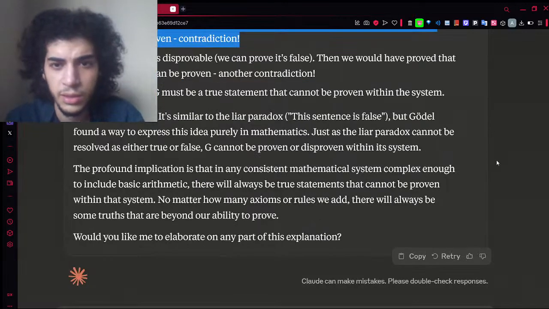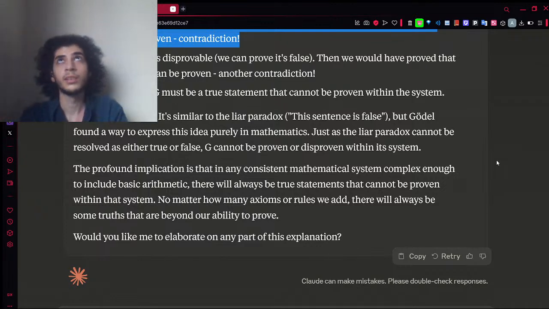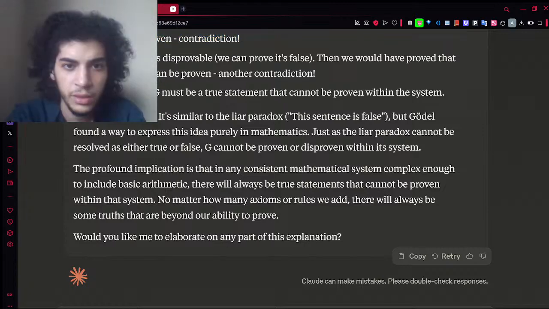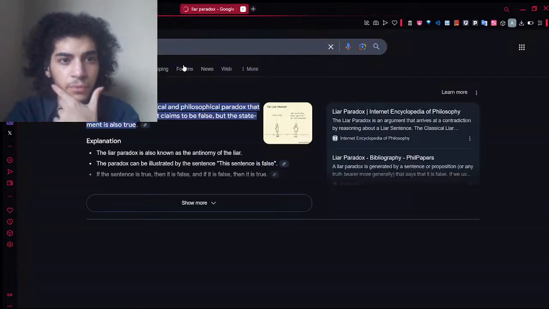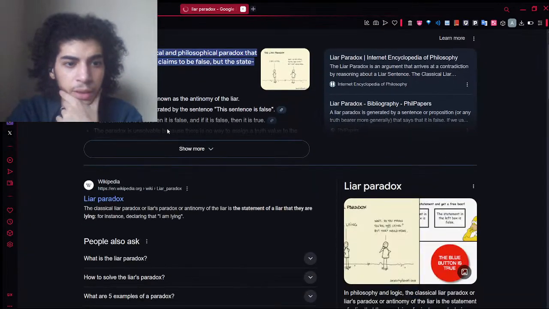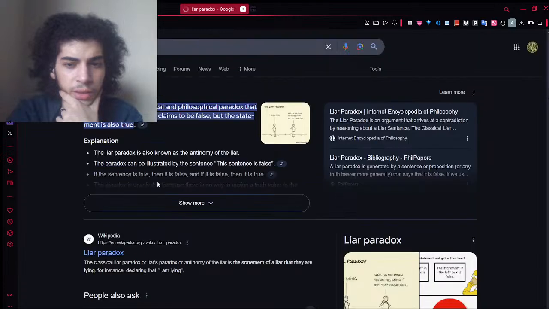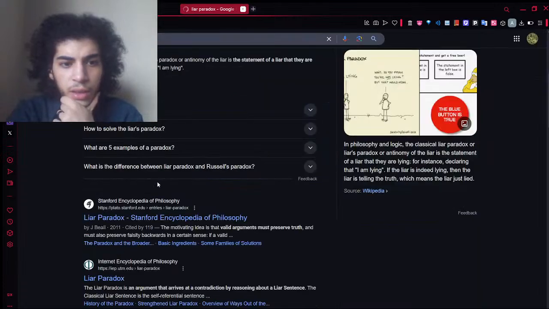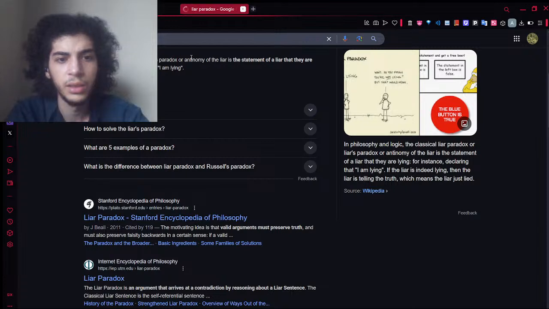This sentence is false, but Gödel, it's also called like the equanimity paradox, I think. It has another name. I just need to remember the name. Equanimity paradox, is that what it's called? Equanimity. Okay.